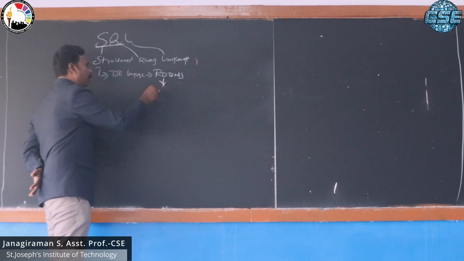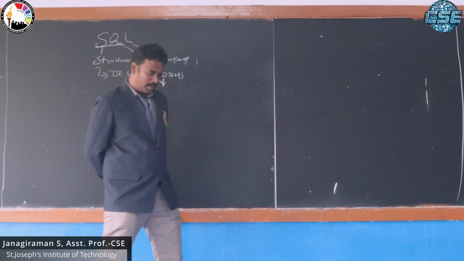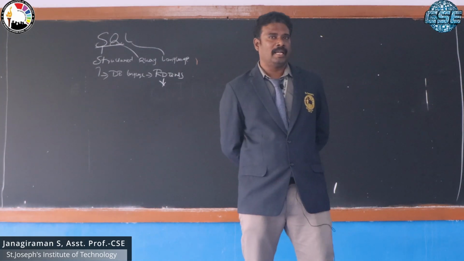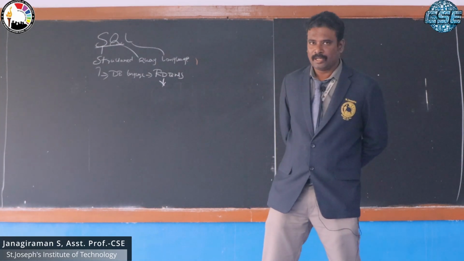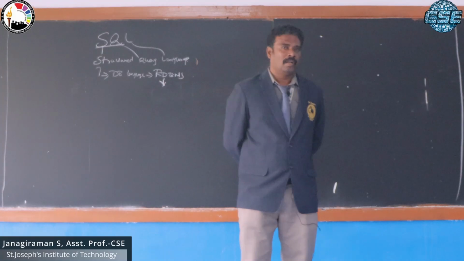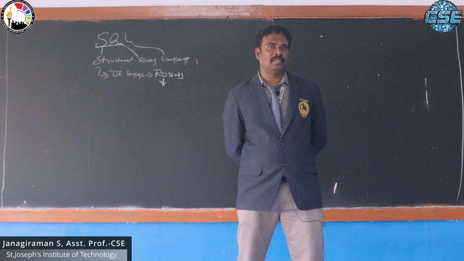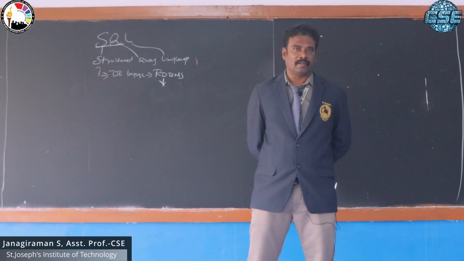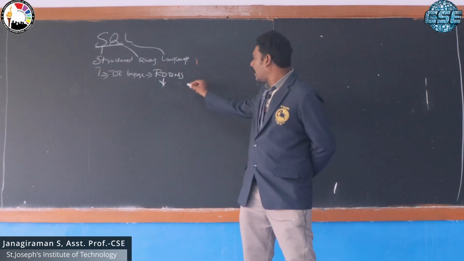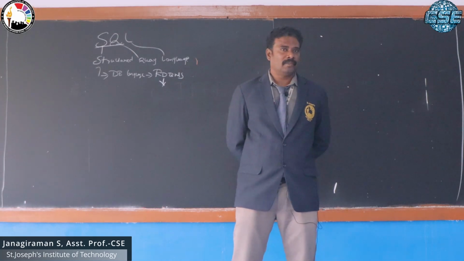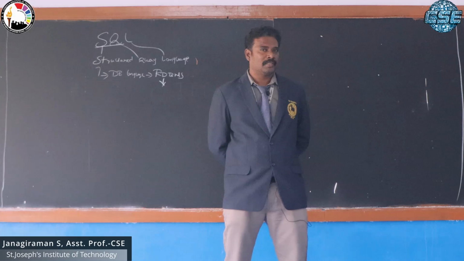You may have a doubt: what is RDBMS? RDBMS is a Relational Database Management System wherein you store the database in the form of tables. You can have multiple tables under a common database. Before RDBMS, we had the file system, which has a lot of drawbacks.